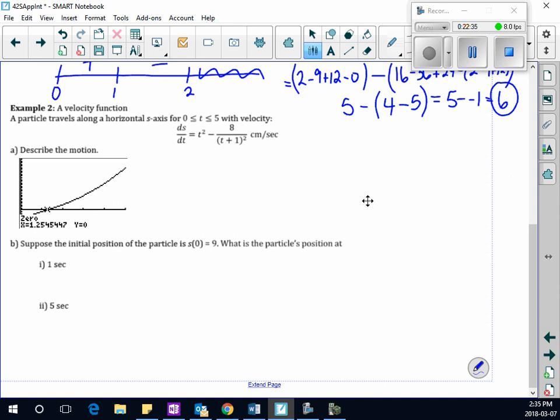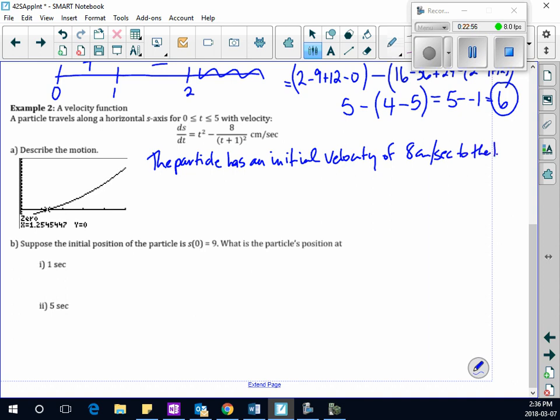Technically correct. So this is a particle. Describe the motion. The particle has an initial velocity of 8 centimeters per second to the left. Now we're going to say how long it continues to the left. Does anybody know?